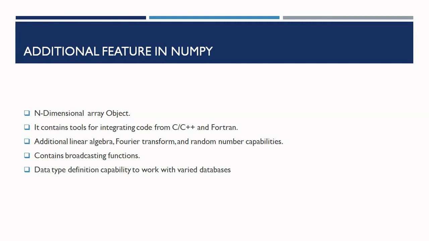It also helps with linear algebra, which I mentioned earlier, Fourier transformation and random number capabilities. It contains broadcasting functions. Broadcasting of arrays is a very useful concept when we work with arrays of uneven shapes. It broadcasts the shape of the smaller array according to the larger one.